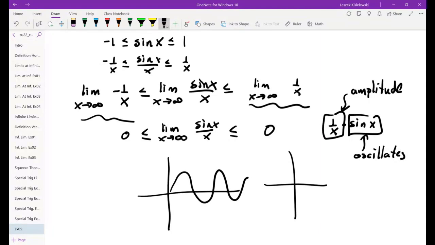Okay. And so if you have a sine function that keeps oscillating, but the amplitude goes to 0 because 1 over x goes to 0 as x gets large, you get something with decreasing amplitude. So you see that as x gets very large, our function is approaching the value of 0.